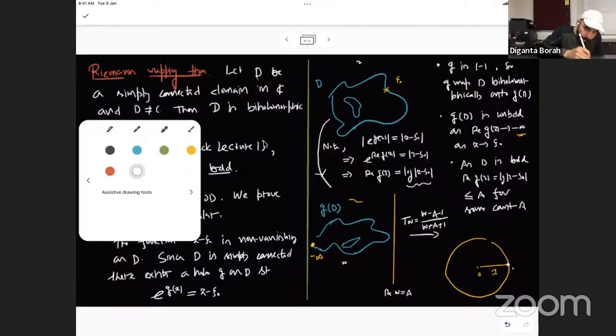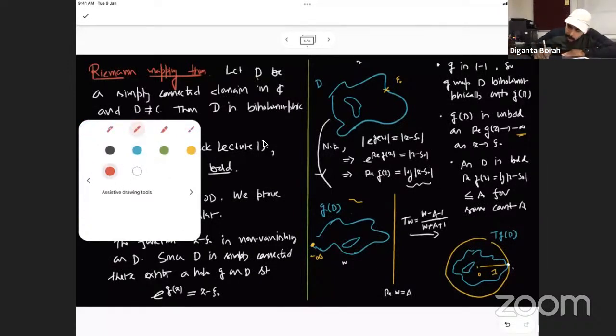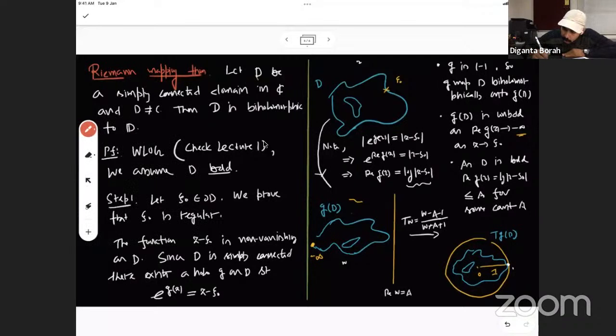Right, so the domain is going to look something like this. Something like that. So this is your T of the domain. But you see, we have already constructed a barrier for the unit disk at the point 1, right?